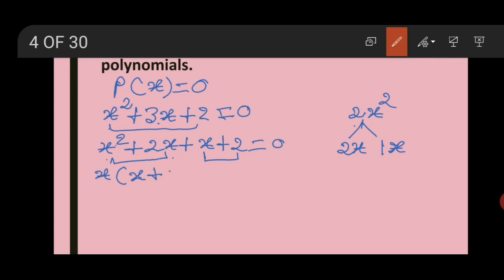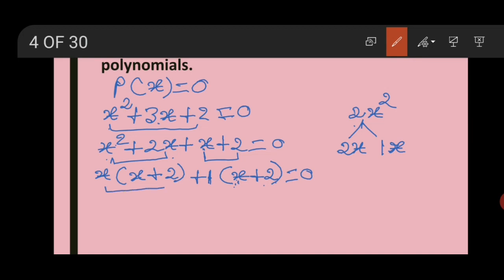X plus here, this is 2. Yes, similarly here also you should get the same term inside the bracket. So what should I keep outside the bracket? x, already x is here. On multiplication with 1, we will get the x plus 2 bracket, right?